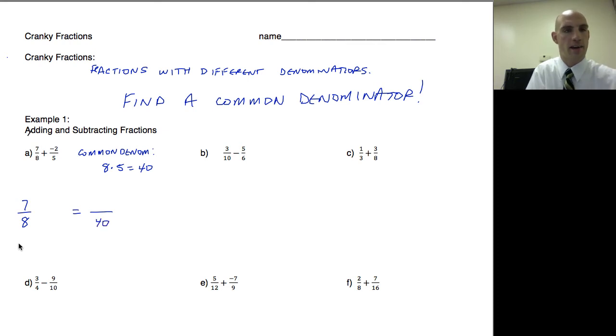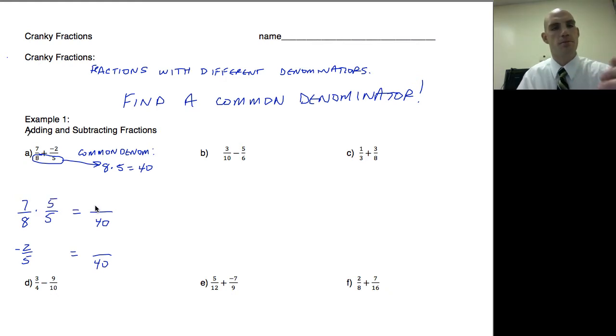So what I want to add here is 40ths. And so I'm going to say 7/8 equals something over 40, and I'm going to have this -2 over 5, and I want it to equal something over 40.